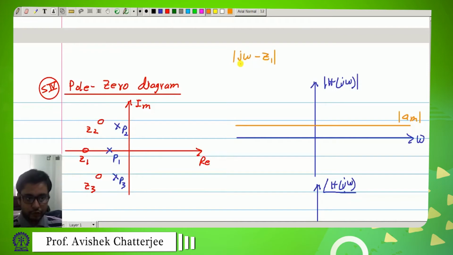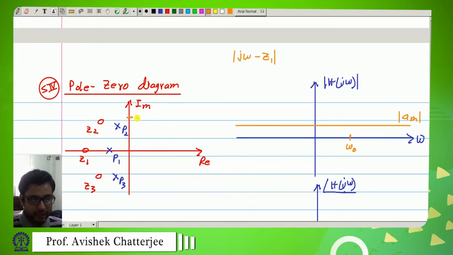Now if you are considering a particular value of omega, say omega naught, and we want to get the magnitude response at this point, then this omega naught can also be marked in this pole zero diagram somewhere on the imaginary axis.